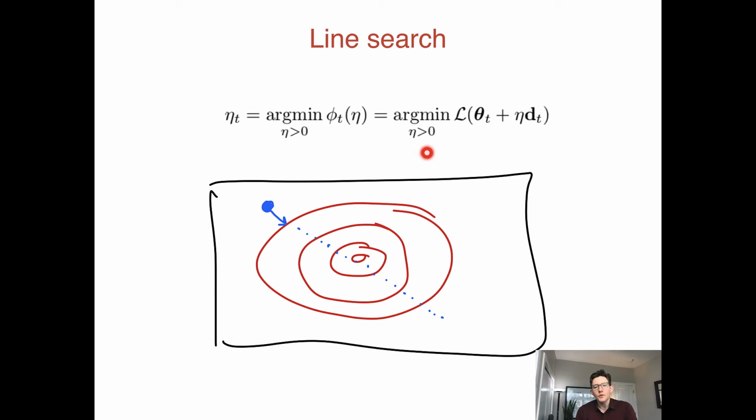Notice that where we started with a multivariate optimization algorithm, where we're trying to optimize all of the values of theta t, in this case, this is just univariate optimization, because all we're trying to find is a value of the step size nu.